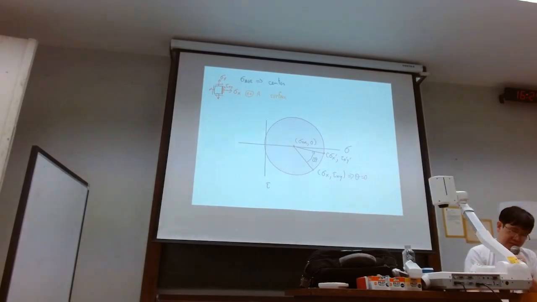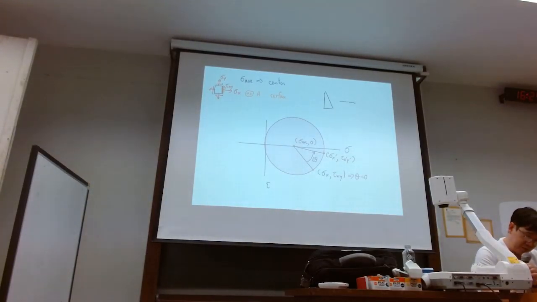Over here, the angle will be 2 theta in the circle, but you will get the angle here to be the theta. And this is your sigma x prime, tau x prime y prime.